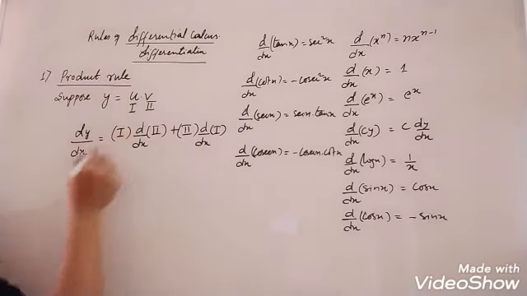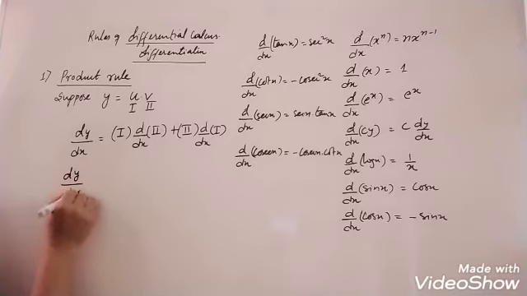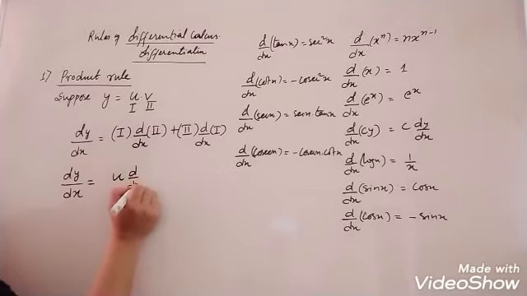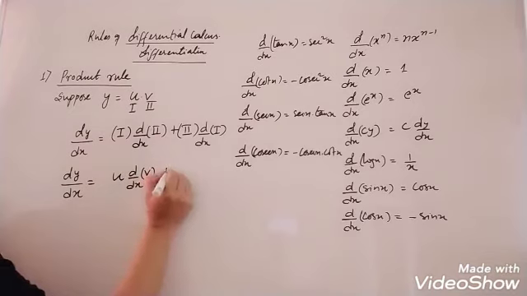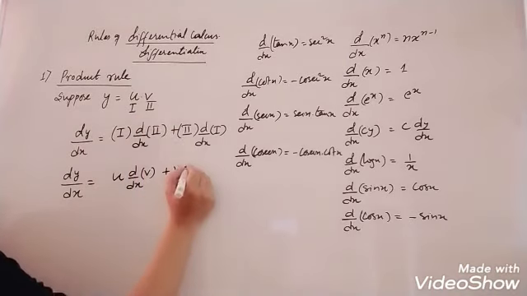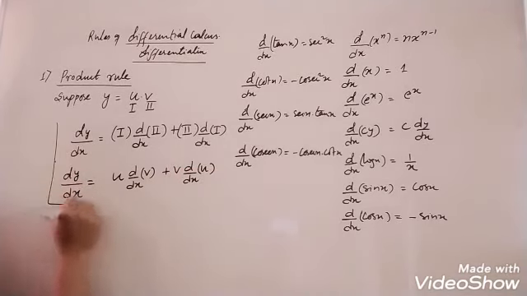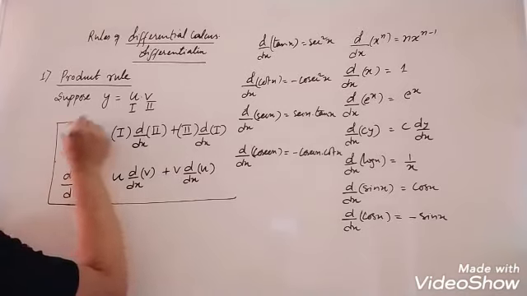Now in terms of uv, dy by dx equals u, differentiation of v, plus v, the second function, differentiation of the first function. Now this is the formula for product rule.